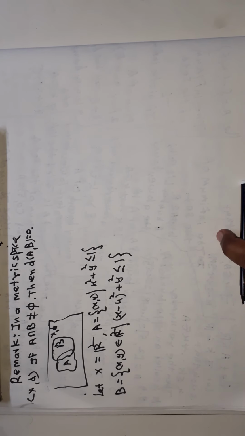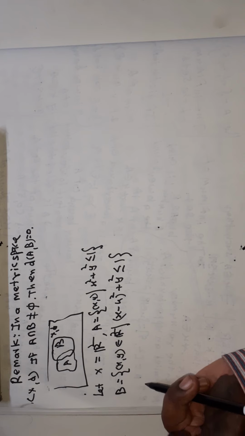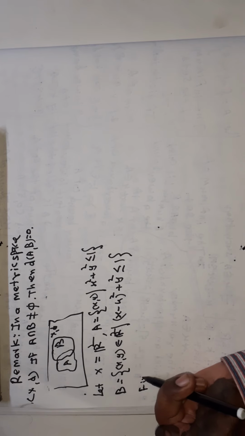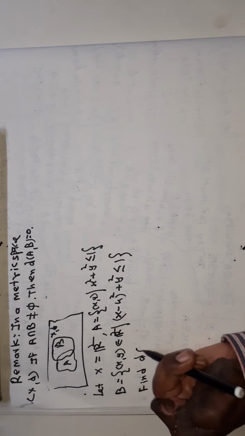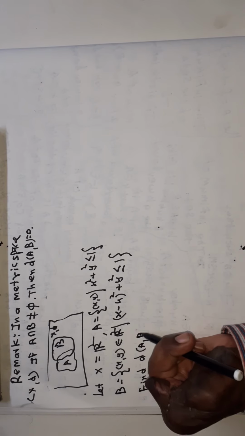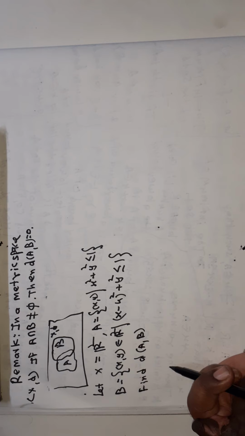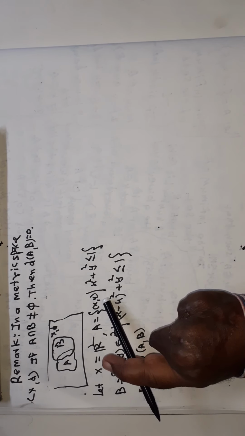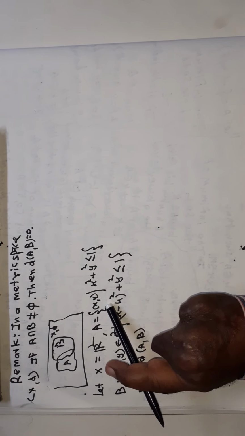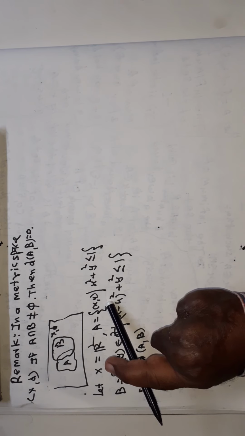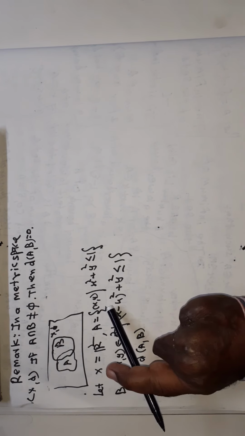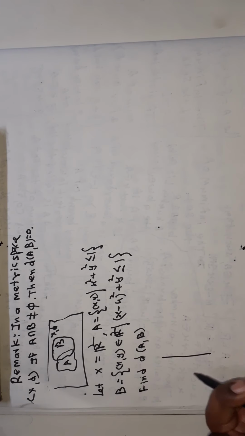Now see here, find the distance between A and B. Now see here, set A. Geometrically, set A is represented by a circle, the union of the circle and its interior: x squared plus y squared is less than or equal to 1.